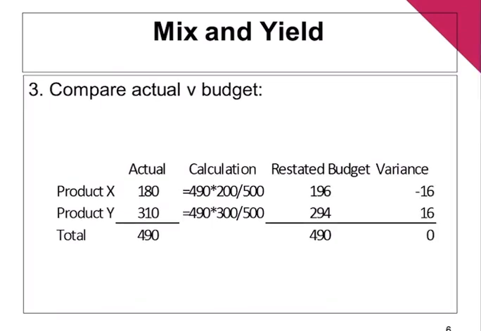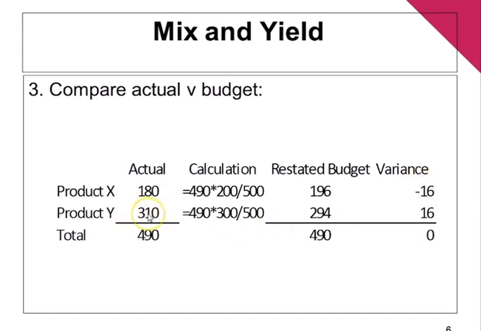So when we compare one against the other, the 180 minus the 196, and for Y your 310 versus your 294, because you've sold less than your budget, we're down by 16 units.